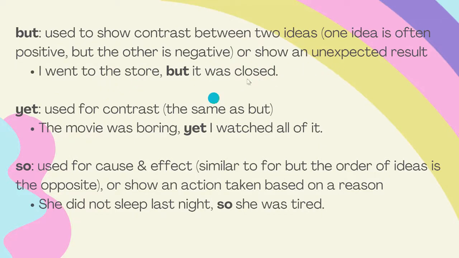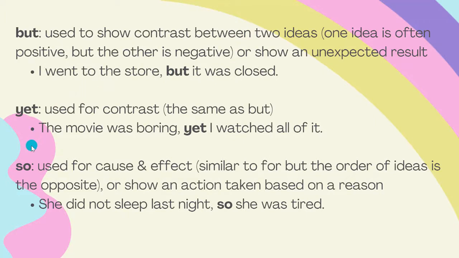Okay, this is the example of unexpected results. But as you can see, it has to have the contrast. For example, I like eating fish, but I don't like cooking it. So that's contrast, right? Okay.